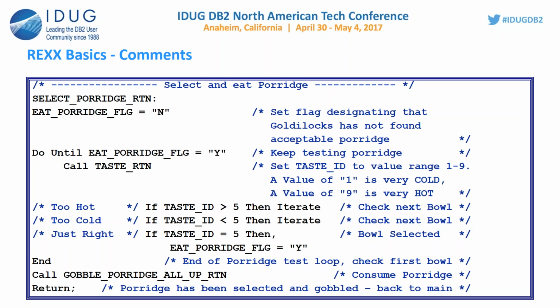Just everything in between the two delimiters is comment. So what you see down here in my taste routine, where I'm checking greater than 5, less than 5, and a little comment off to the right, that's actually fairly common. Just let me know what this line of code is doing. If you can do that in just a couple of words, you can stick it off to the right in comments, and you see that in REXX.